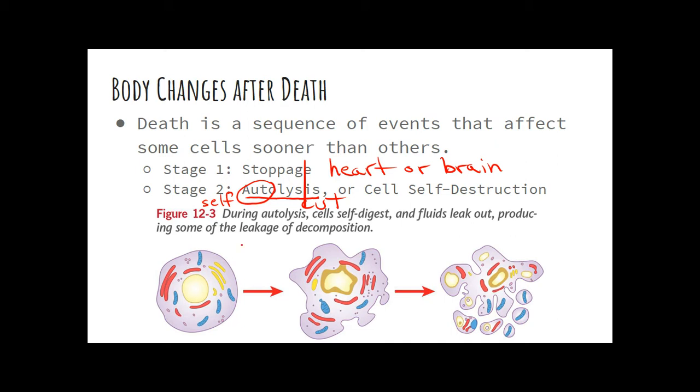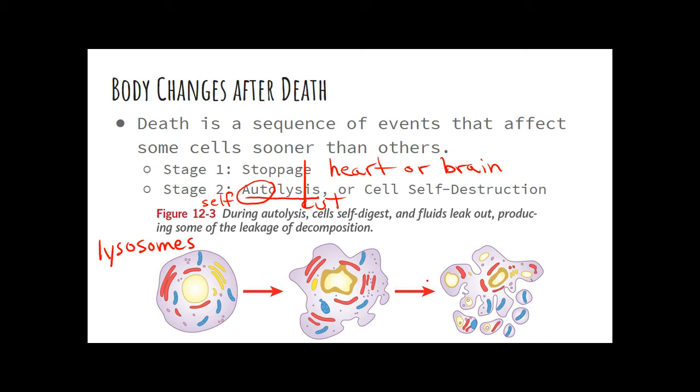So what happens is, when you were in biology and you learned about the parts of the cell, do you remember the lysosomes? Okay, so lysosomes are like the digestive system of a cell. Those are going to get out into the cytoplasm, and they are going to start to digest all of the other cell parts.